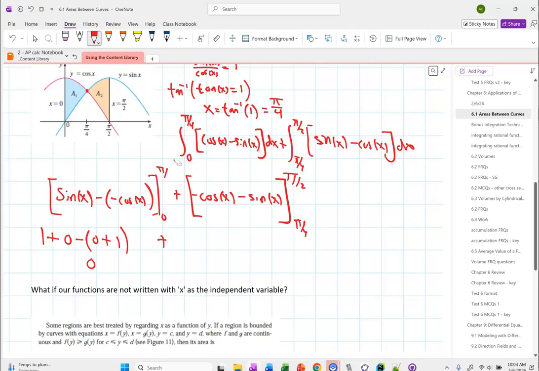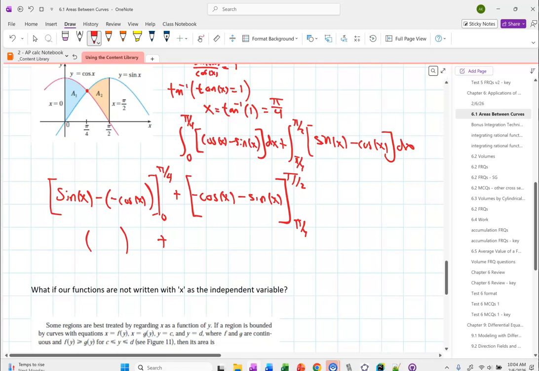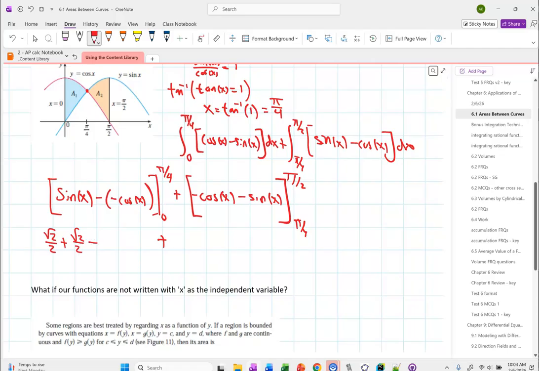This is supposed to be pi over 4, dum-dum. Right? I wrote it there. All right. Sine of pi over 4 is root 2 over 2, right? Cosine of pi over 4 is root 2 over 2. And then we have sine of 0 is 0, and cosine of 0 is 1. Okay, there we go. Everybody happy?